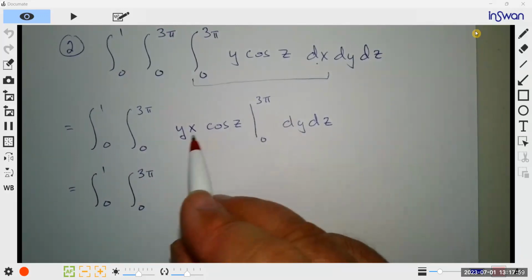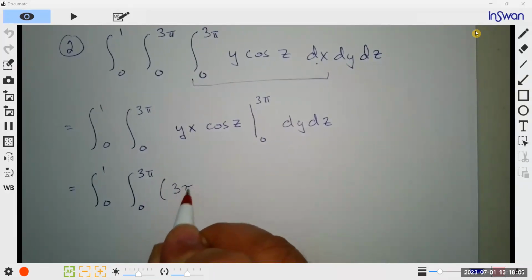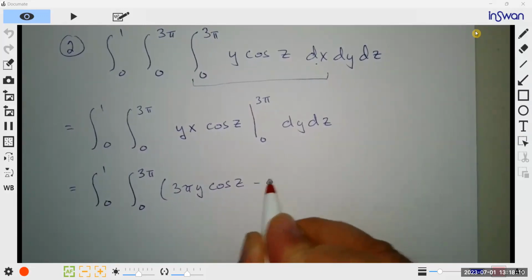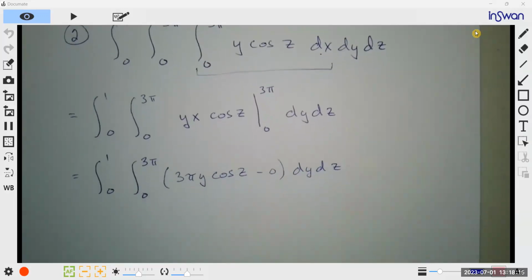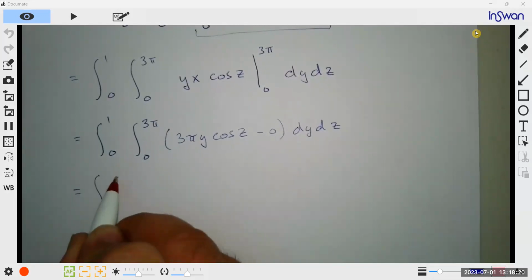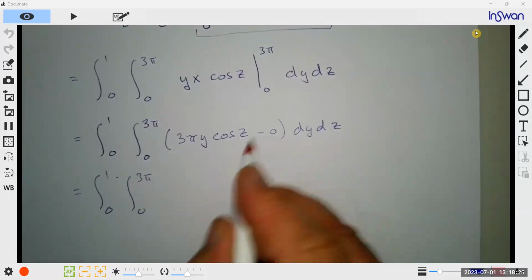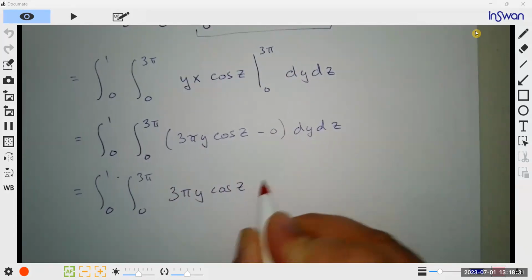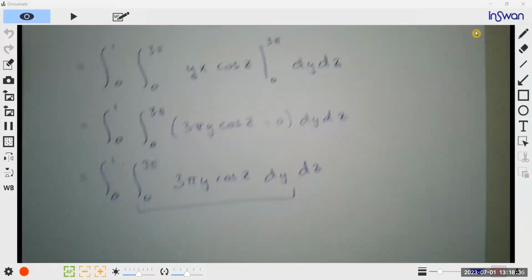So anywhere seeing x, I put a 3 pi. So it's going to be 3 pi y cosine z minus 0. So the next thing we have to integrate is just 3 pi y cosine z dy dz. So now we have to do it with respect to y.